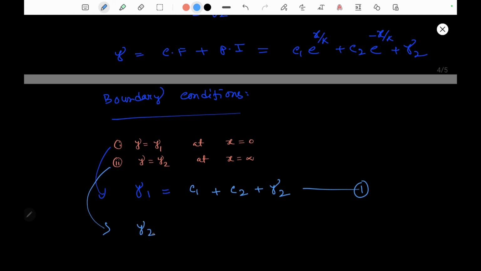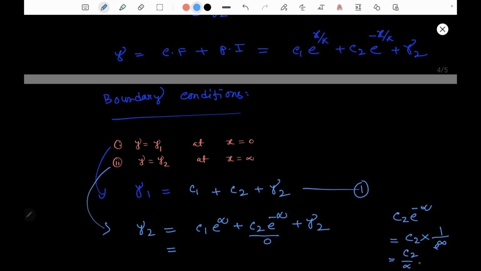From the second boundary condition we'll get y2 equal to c1 e to the power infinite plus c2 e to the power minus infinite plus y2. So this term will be obviously 0. Hope we know that, because c2 e to the power minus infinite equals c2 into 1 by e to the power infinite, which is c2 by infinite, equal to 0, because if we divide any number by infinite, then it will surely be 0.